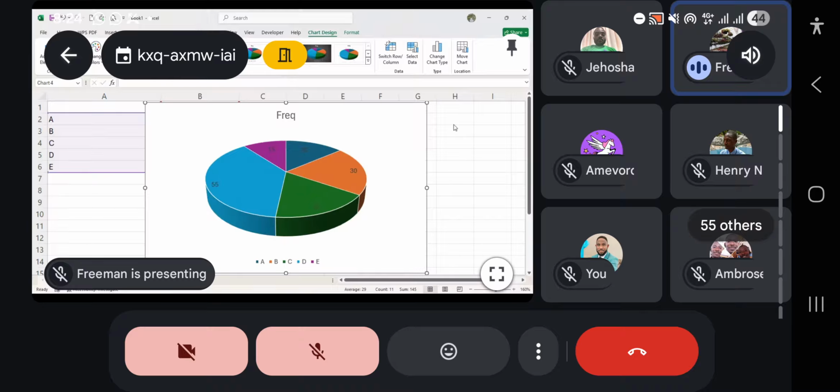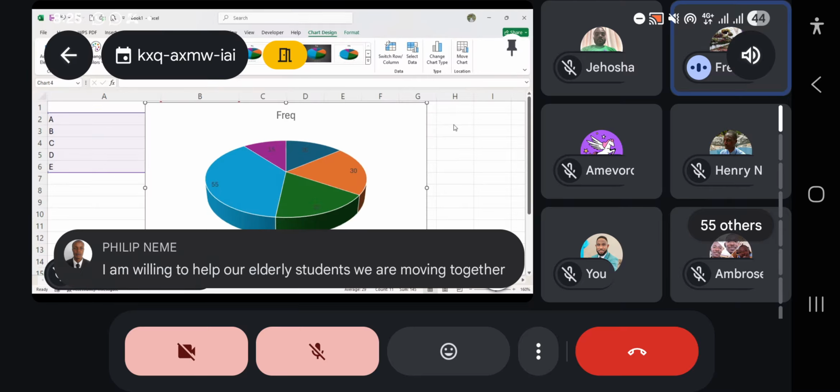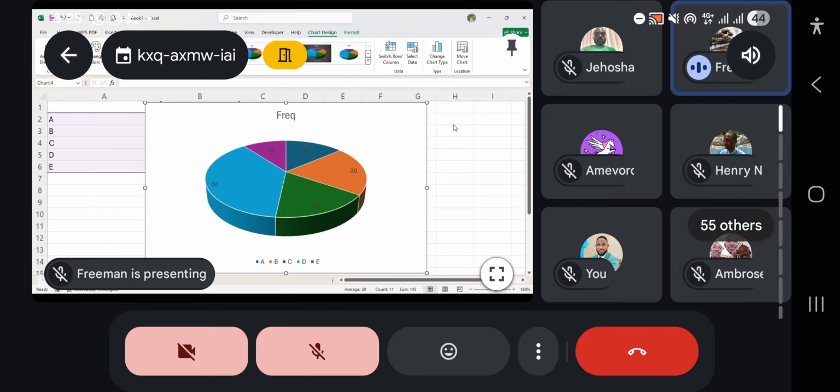So you want to see which one should take the chunk of your money, where the majority of the resource has to go. So you do this and you'll be able to identify which one to take how much.